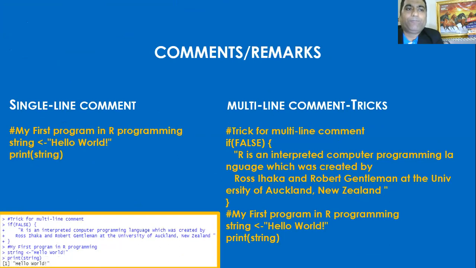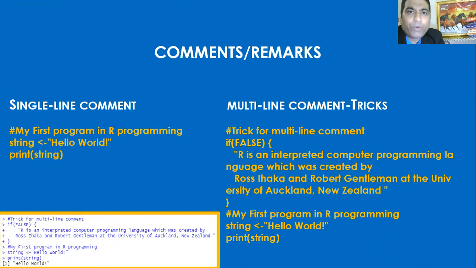The next is comments or remarks. In any programming language, how to write comments or remarks. So comments and remarks is what? It is the non-executable statement. Suppose ideally what is happening in the program file, you write the code which is executed.